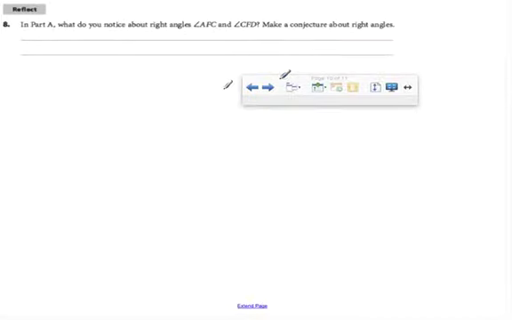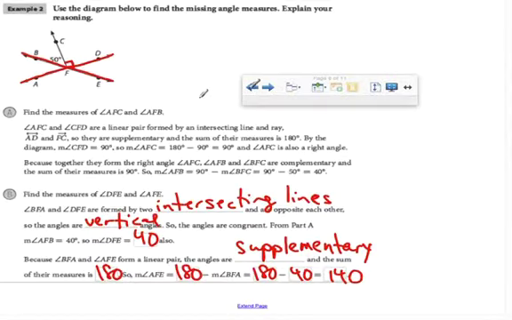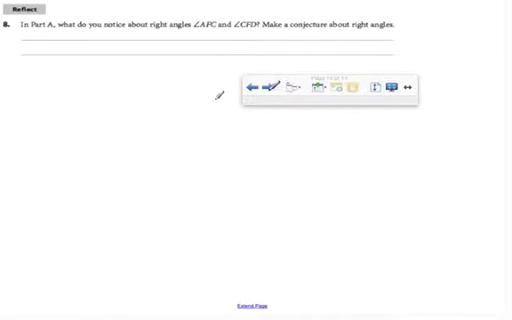In part A of the previous screen, it's asking us to notice something about right angles AFC and CFD. Okay, so let's come back to that screen. In this example, my right angles that they're referring to are this one and this one. And what they're wanting you to notice is that those two right angles both had a measure of 90 degrees.